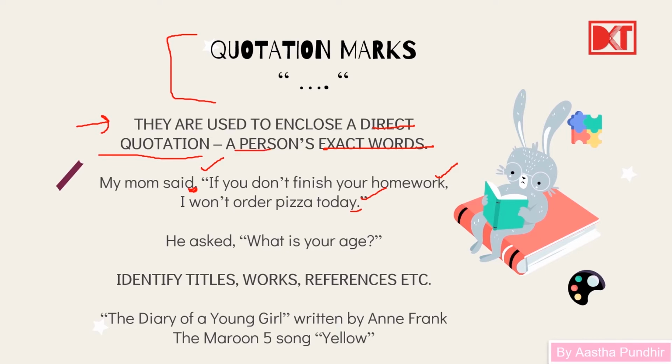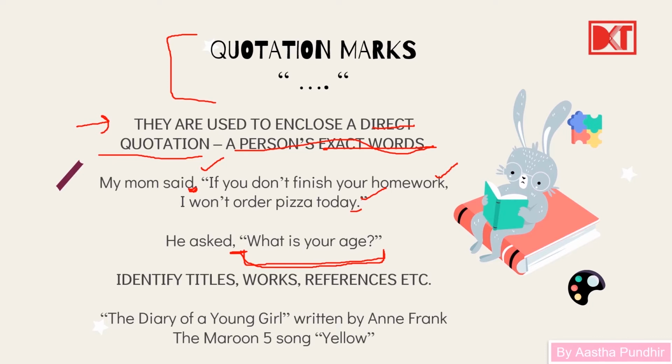So using a person's exact words, that's when quotation marks are used. Similarly, we have, he asked, "What is your age?" Here, again, after he asked, we put in a comma, and then the exact words are enclosed in the quotation marks.